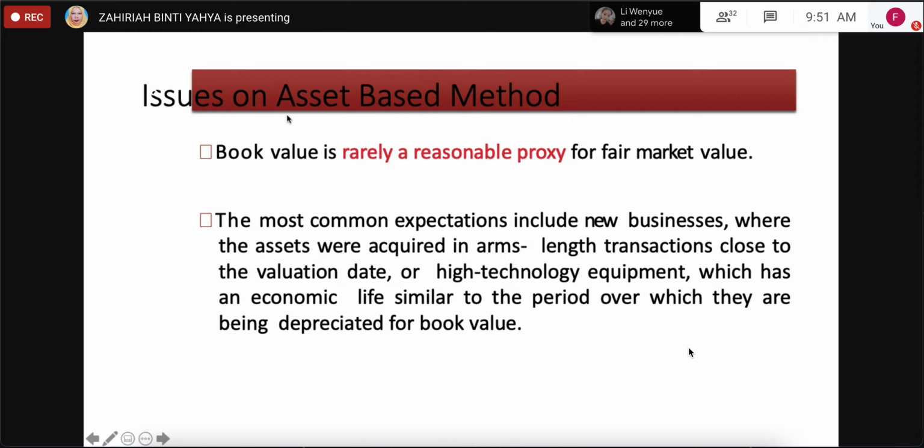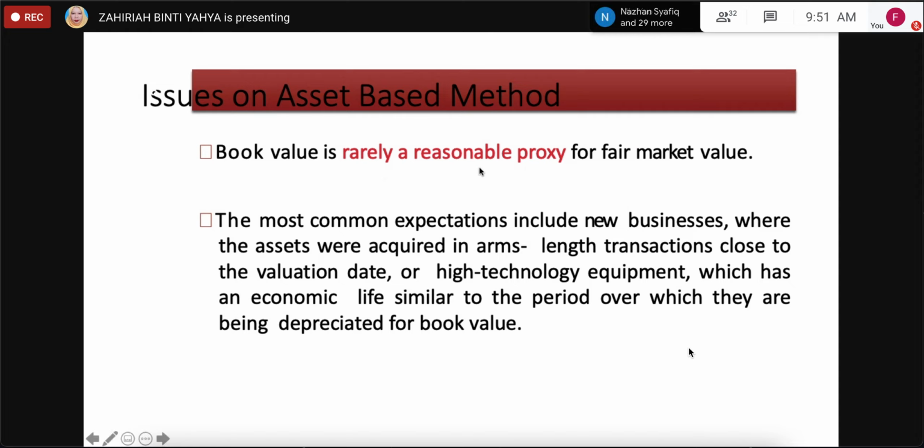Okay. So issues on asset-based method, the book value is rarely a reasonable proxy for fair market value. So kadang-kadang, layman lah kan, dia nak beli company, katalah company tu company yang rugi. Selalu apa yang dia tengok, dia akan tengok on the book value.